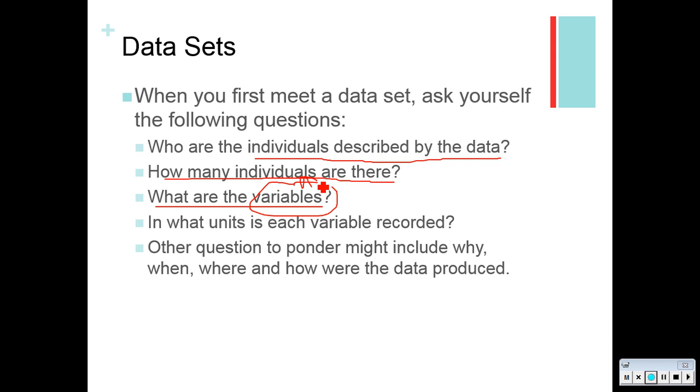In what unit is each of the variables recorded, if there is a unit? And then other questions to ponder, and we'll get to some different things with this down the road, but why, when, where, and how were the data produced? And those will be key elements to some things that we will look at in future lessons.